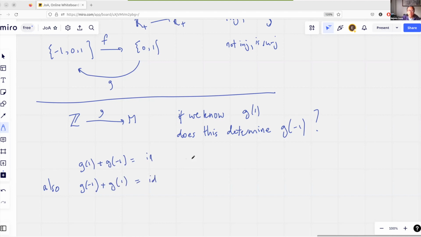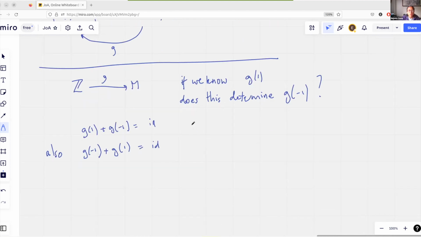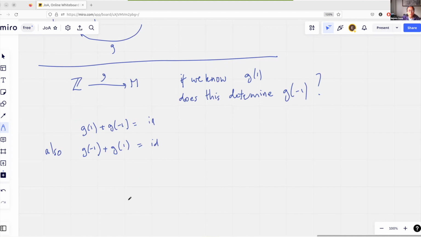So then if you were going to keep going with this proof, you could say, so what if there were two possible choices for G of -1? So this has become a proof that inverses are unique.